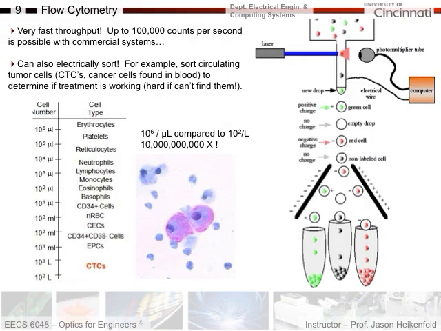So flow cytometry is very fast in throughput, up to 100,000 counts per second. It's amazing with commercial systems. And you can also sort things. If you count them, you can sort them too. So, for example, here's your flow of cells coming in. Here's your laser.